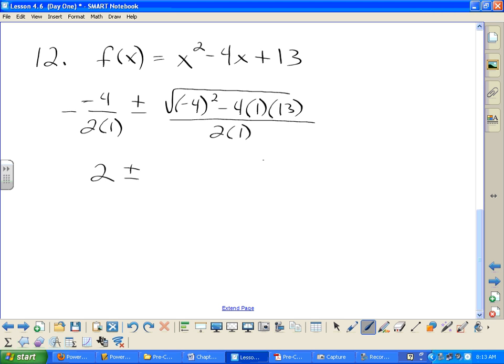Okay, so 16 minus 52 is negative 36 over 2. So the square root of negative 36 is, okay, so we get 2 plus or minus 6i over 2, which gives me 2 plus or minus 3i.